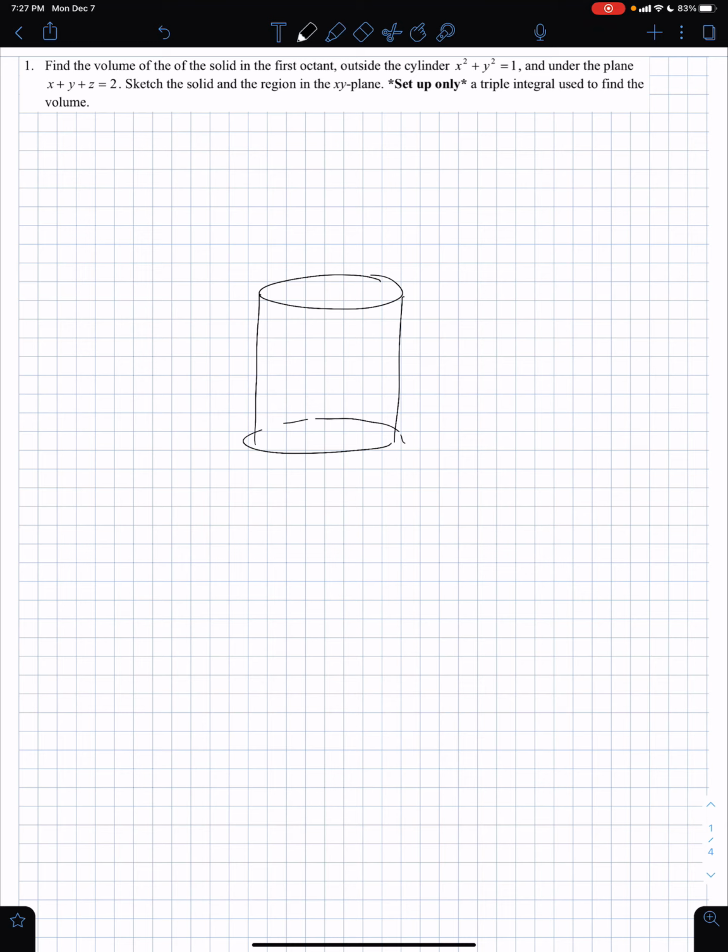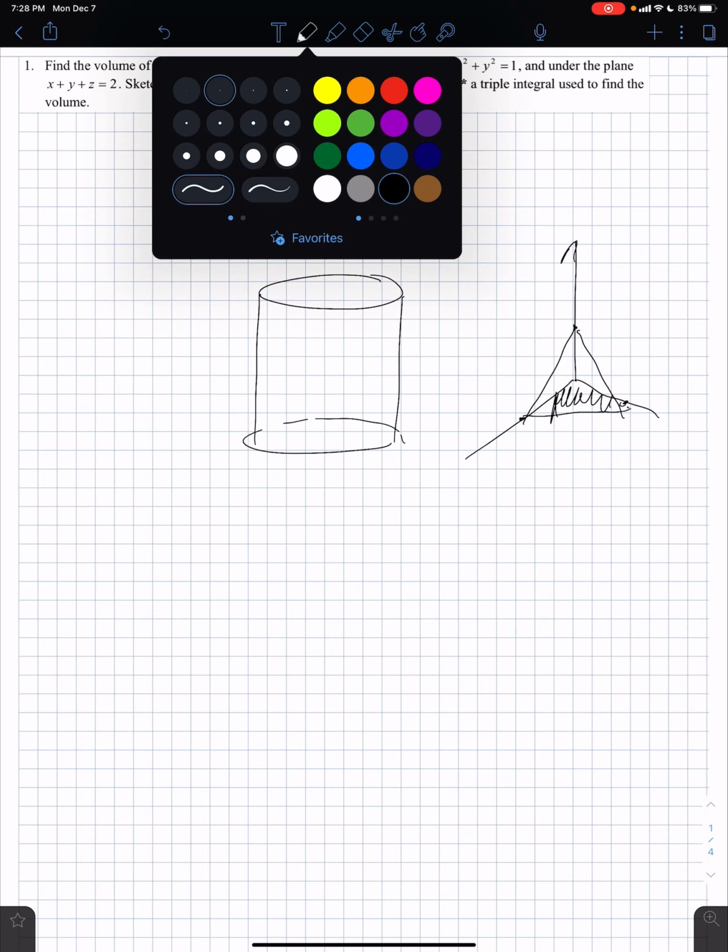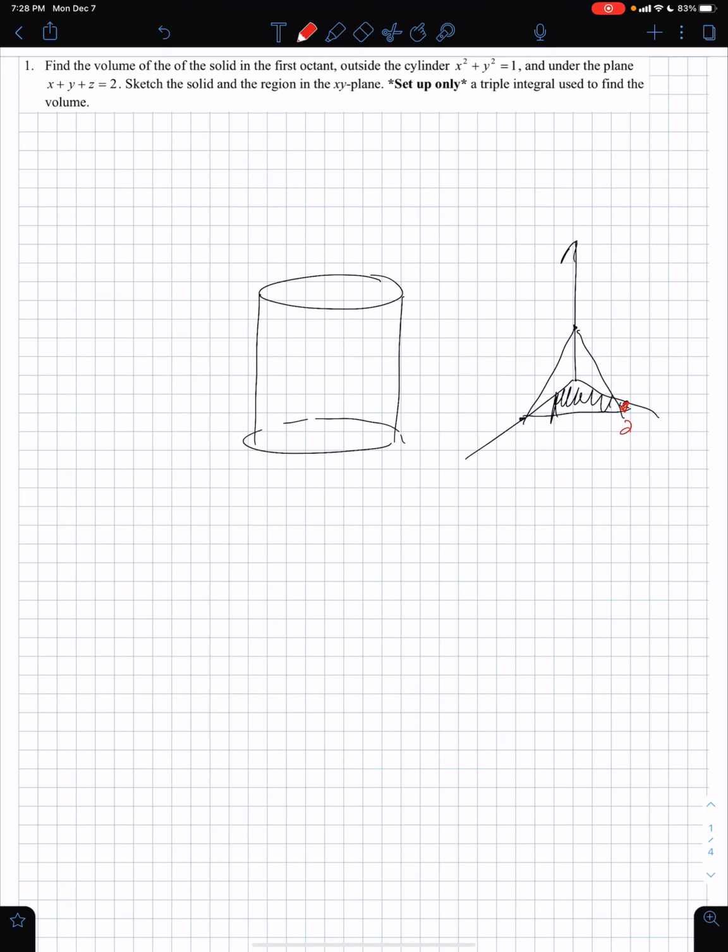This plane, x plus y plus z equals 2, you can sketch by zeroing out all the values, and you get something like this. It's just a plane like that, and it is in the first octant, so it's actually going to be over here. That's going to come down and hit at 2, so these values here are going to be 2, 2, and 2.